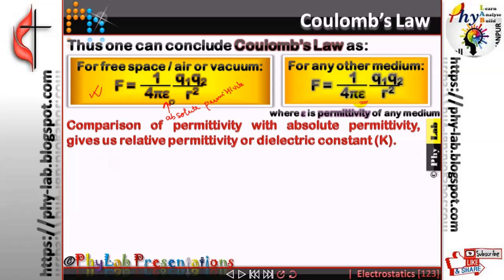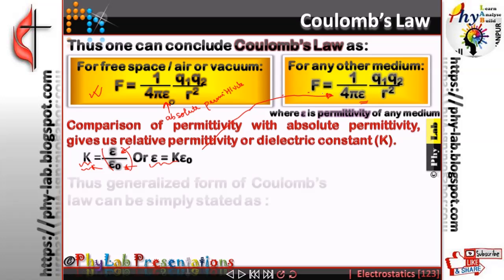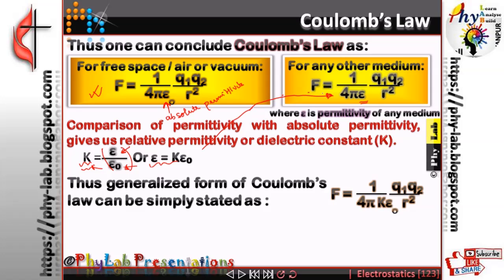Now if I compare the permittivity of any medium with the permittivity of vacuum, or free space, or simply the absolute permittivity, this particular ratio is referred to as dielectric constant K. So with a small amount of mathematics, I can get epsilon as K times epsilon naught, and put this value in the expression, and I get a generalized form of Coulomb's law: F is equal to 1 upon 4 pi K times epsilon naught q1 q2 by r square, where K stands for dielectric constant.